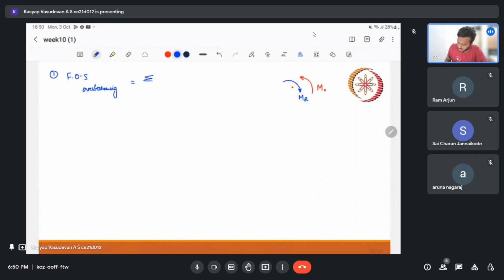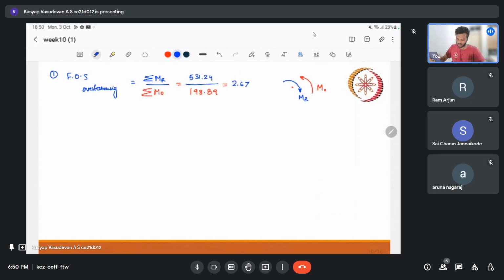So first, the factor of safety against overturning, I can write it as MR by MO. So this is 531.24 divided by 198.89. This value is 2.67.